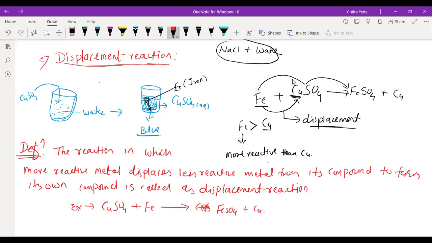This is copper sulfate, this is iron, this is iron sulfate or ferrous sulfate, and this is copper. So this is the reaction.